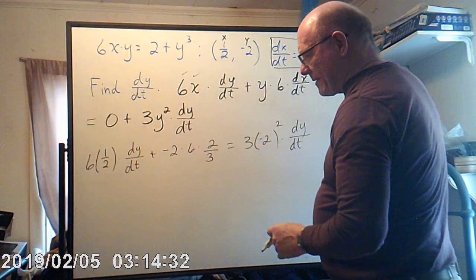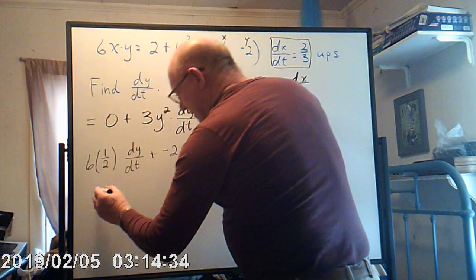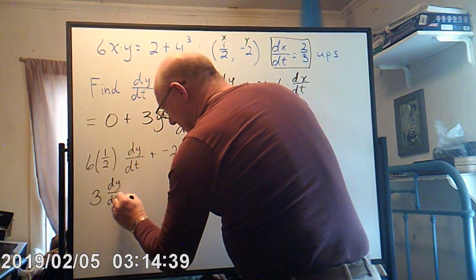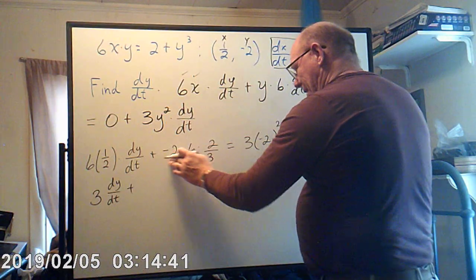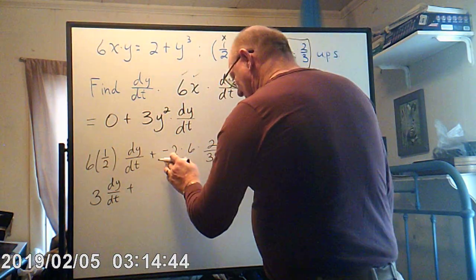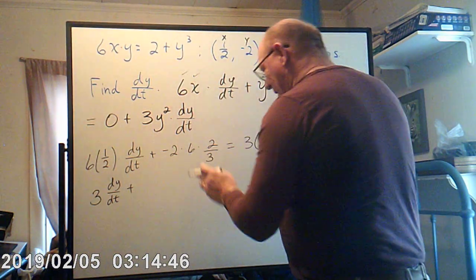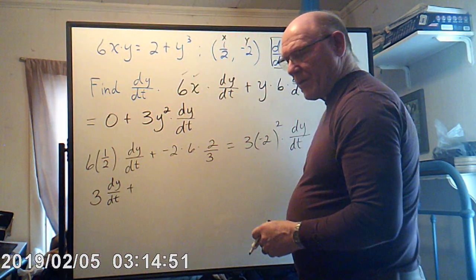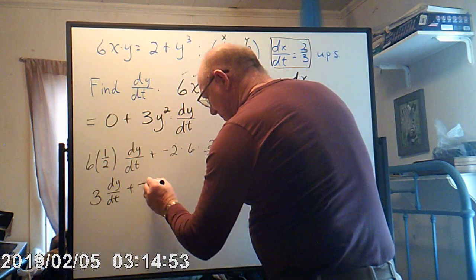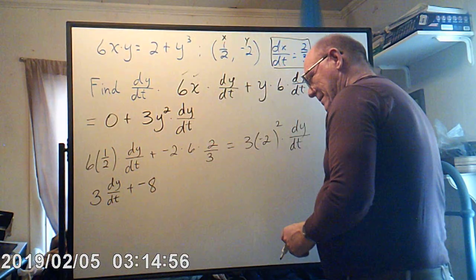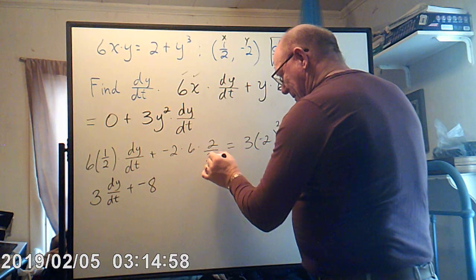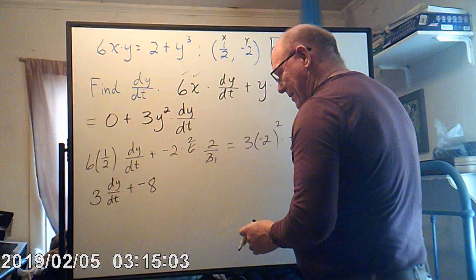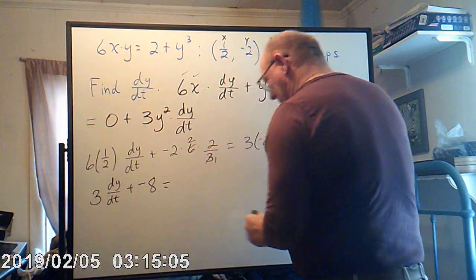Now a little arithmetic, so let's do it. 1/2 of 6 is 3 dy over dt plus, so -12 times 2, 12 times 2 is 24, 24 over 3 is 8, so -8. I mean, if I wanted to, I could mark out 1, 2, 2 times 2 is 4, times 2 is 8, so -8, there we go, equals.